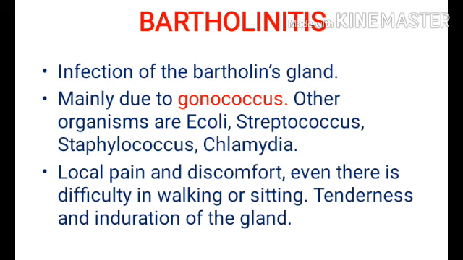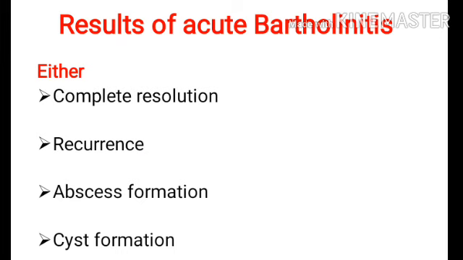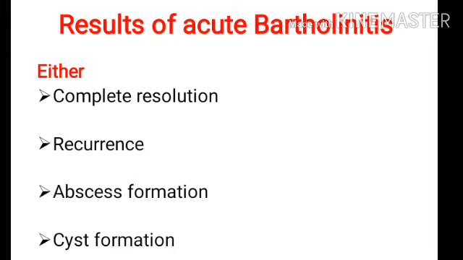The main symptom is pain and discomfort. There will be local pain and discomfort. Sometimes the pain will be very severe and the patient cannot walk or sit, and tenderness and induration of the gland may be present. What is the fate of acute Bartholinitis?